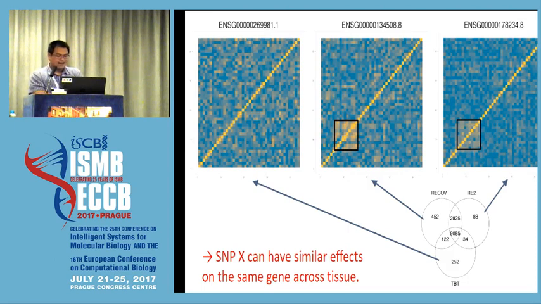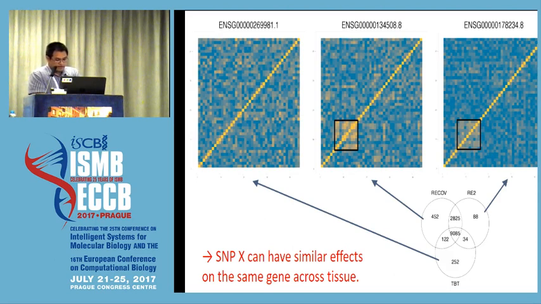This means that this data doesn't fit our assumption, and therefore the method cannot detect that this gene is an eGene. In the second case, the tissues do have a very strong correlation pattern for the SNP effects. So from the data, we can see that this data fits our assumption very well, and so we are able to detect that this gene is an eGene.